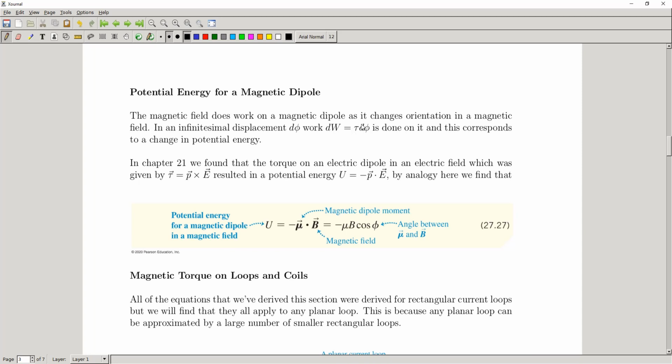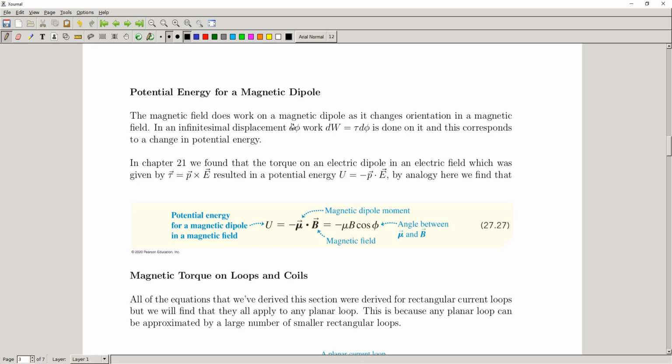That's the work that's done on the current loop, or I guess on one tiny little part of the current loop. But if you were to integrate over the entire current loop as it rotates through that tiny angle d phi, we have to be careful because the integration would be done not over the loop but over this change in the angle.